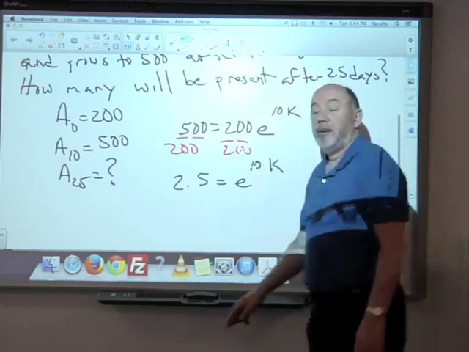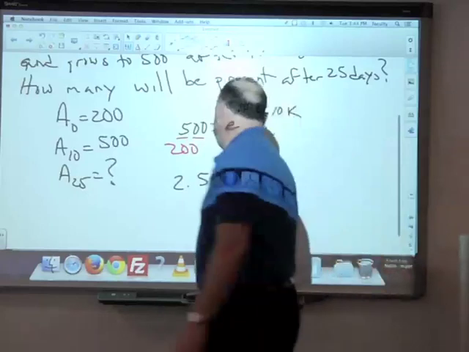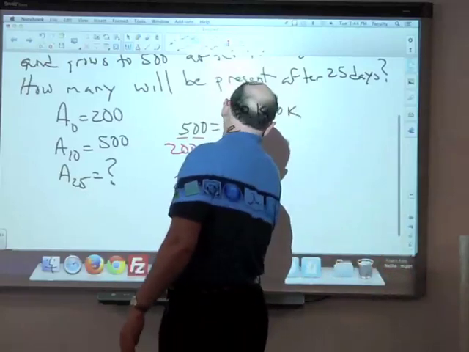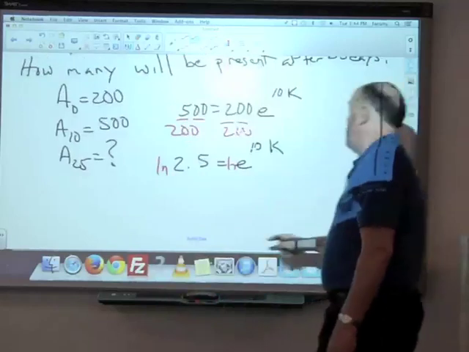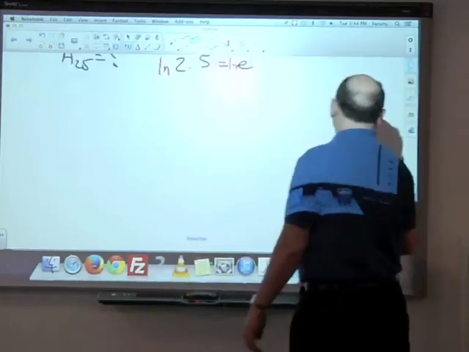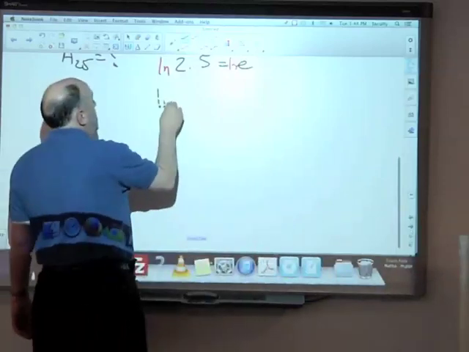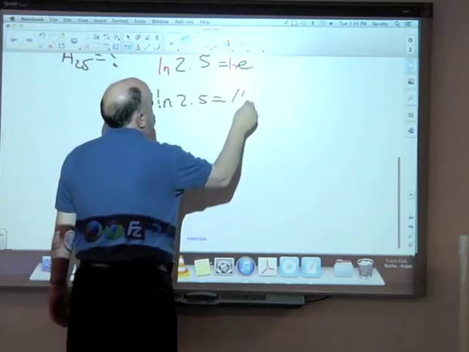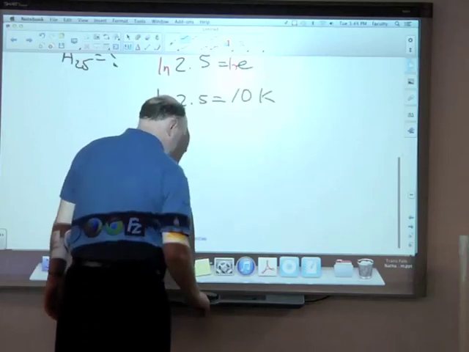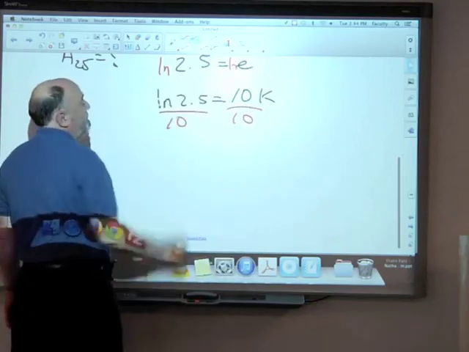Opposite of e, natural log. So the natural log of this side, the natural log of that side. And so we get that the natural log of 2.5 is going to equal 10k, divided by 10, divided by 10.